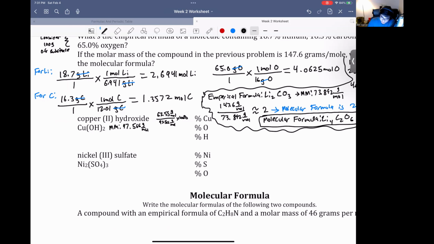That's always what you do to convert into a percent. And we're going to get some number here. So 63.55 over 97.566. You end up getting 65.14% copper.